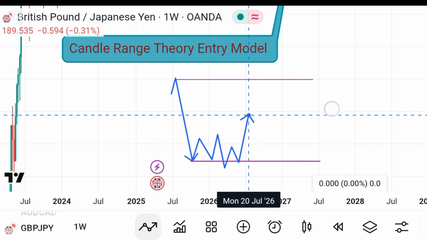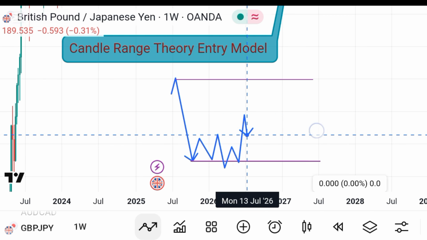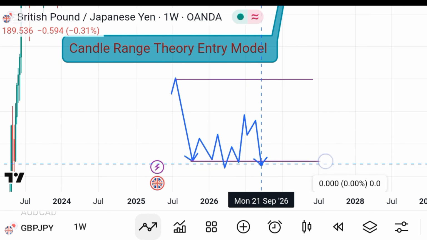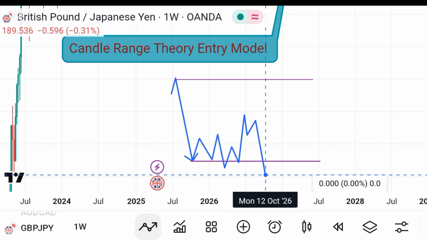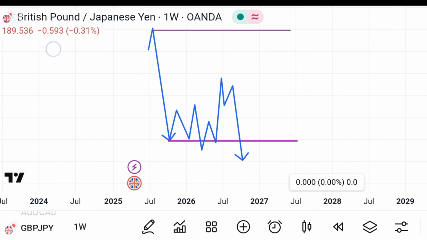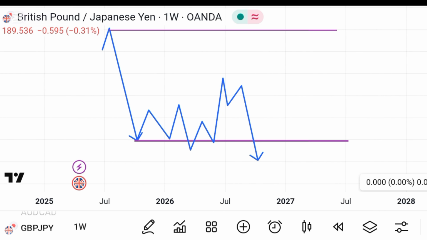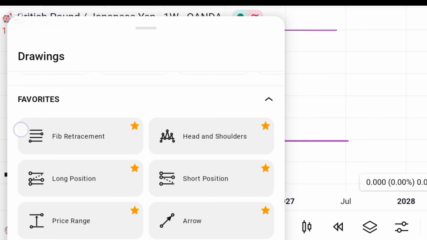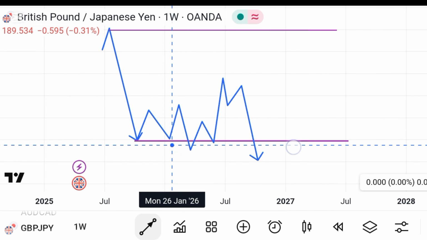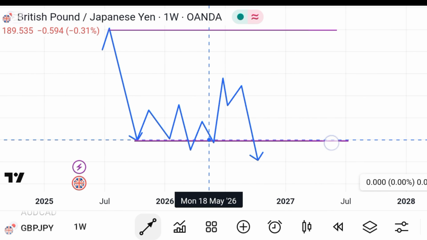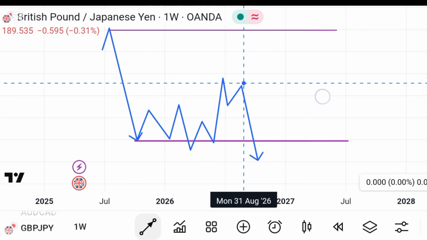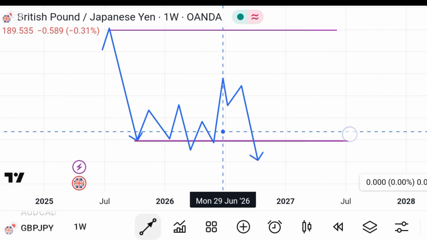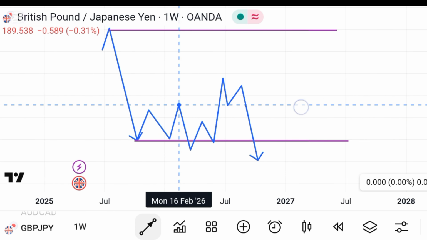We retrace to at most 50%, then continue selling. So what we actually want to trade is this small buy here. After the sweep of liquidity, we want to trade this small buy to at most the 50% here before we leave the market, or to at most a very good point of liquidity, which is this old high here.